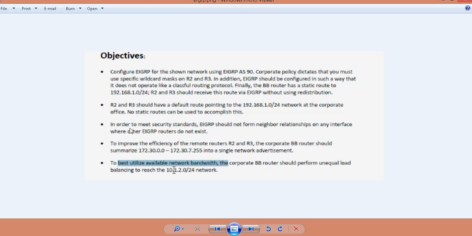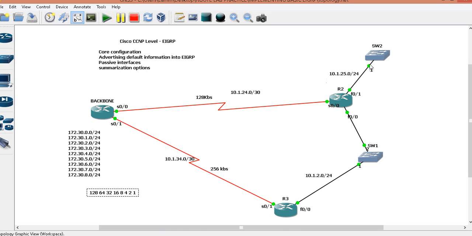Thank God. The third objective: in order to meet security standards, EIGRP should not form neighbor relationships on any interface where other EIGRP routers do not exist. Look at the topology. In router 2, the FastEthernet 0/1 interface is pointed to a switch.